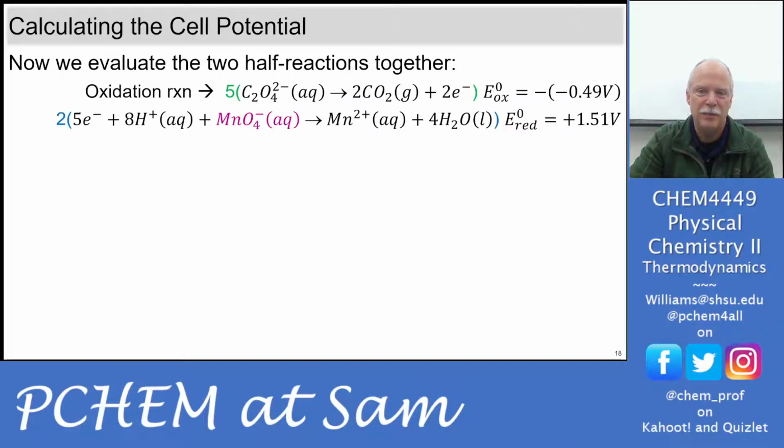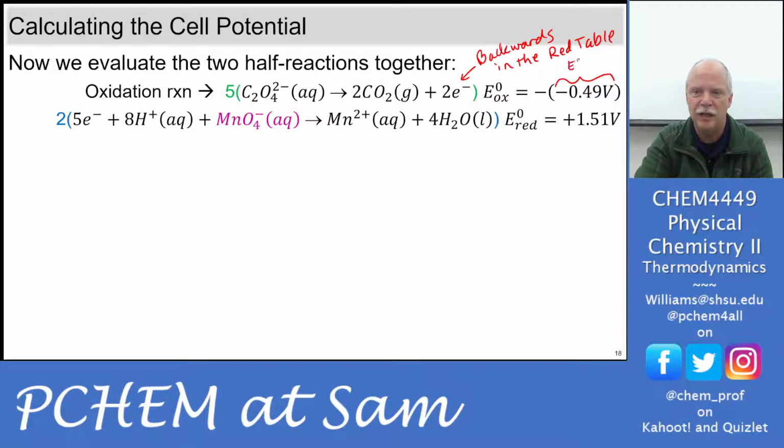So calculating the cell potential, we have that top one. We had that we multiplied by 5. If we looked at that redox potential, the reaction would be written like this. And let's see. It would be written backwards in the table, and it would have this right here as the voltage.